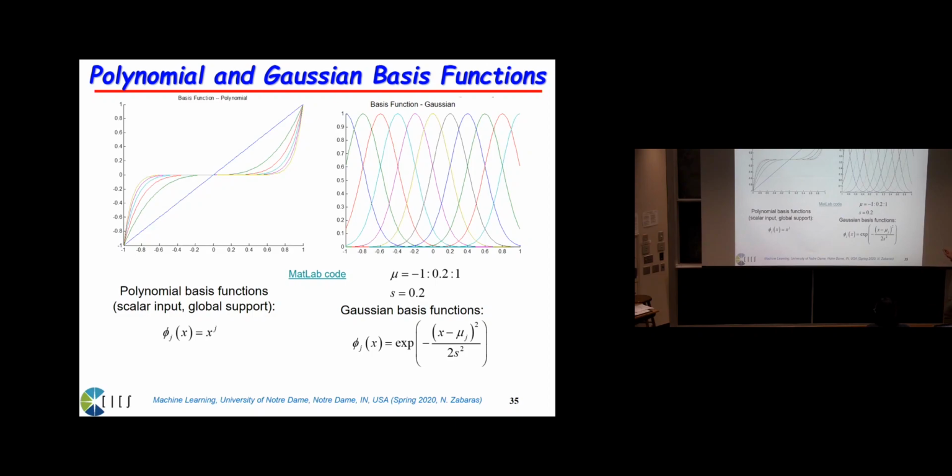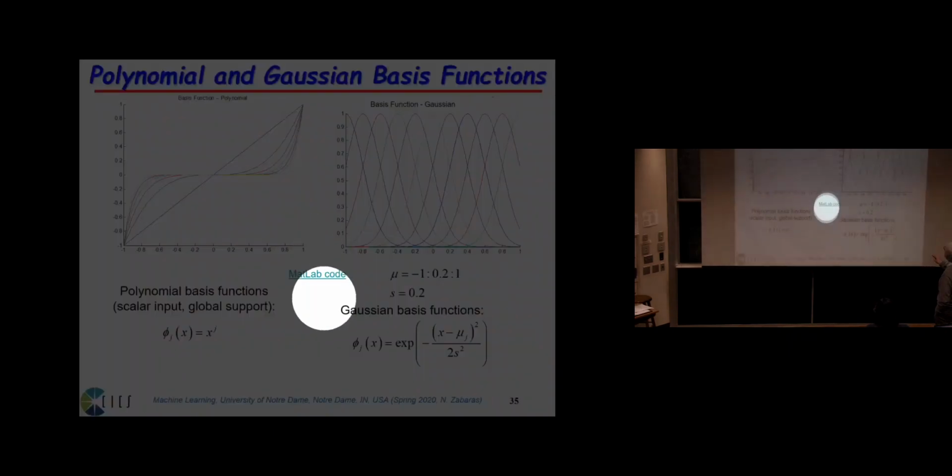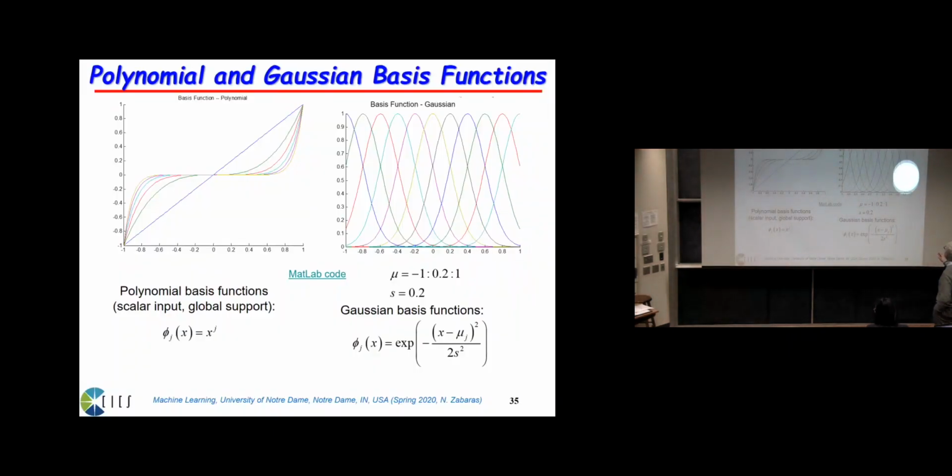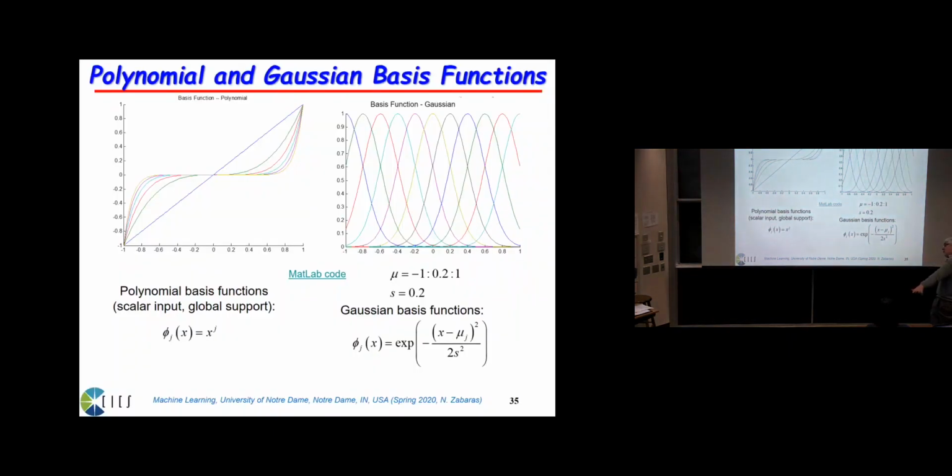I mean, look at these Gaussians. Even though Gaussians go slowly, or even faster, to 0 at infinity, look at them. What does it mean they're of local support? If I take a Gaussian centered at this location, it only influences things around that location.